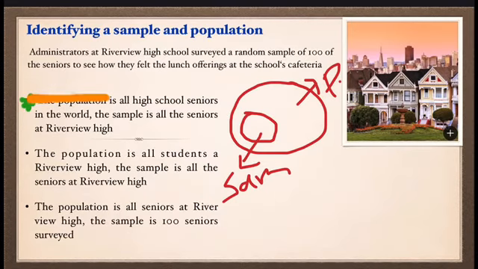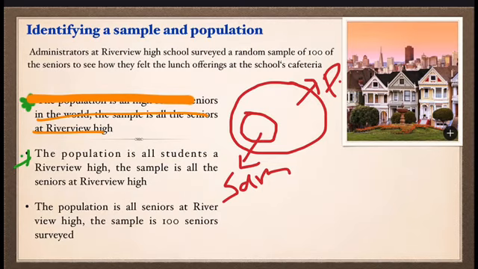Okay, now let's check the other one. It says the population is all students River High School has. The sample is all the seniors at River High School.